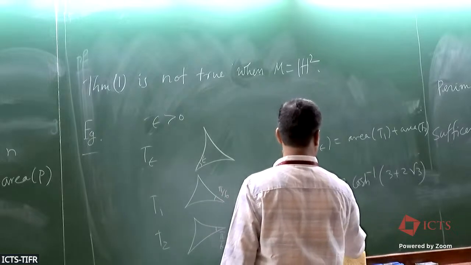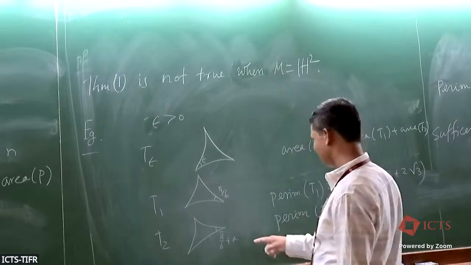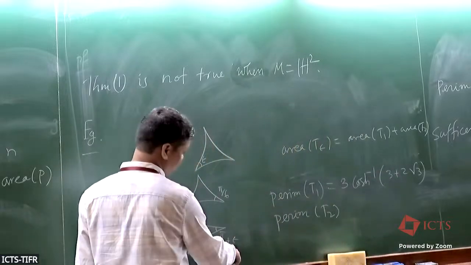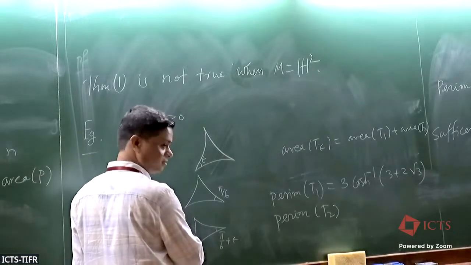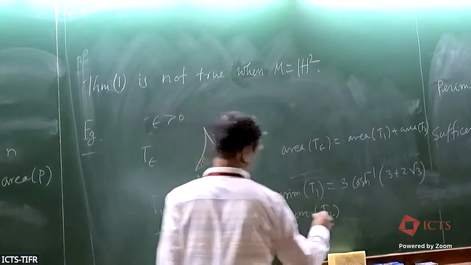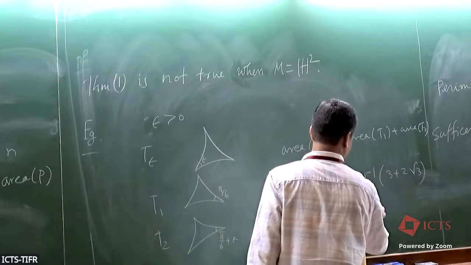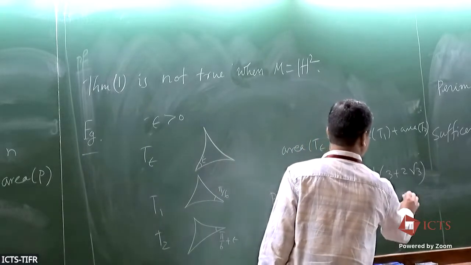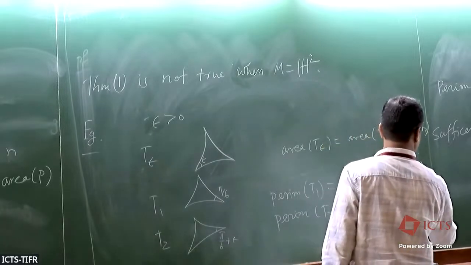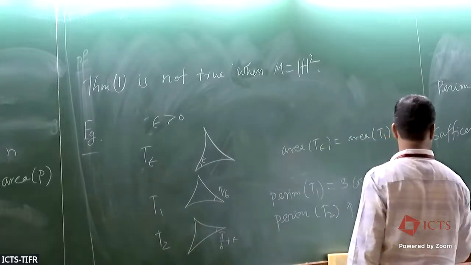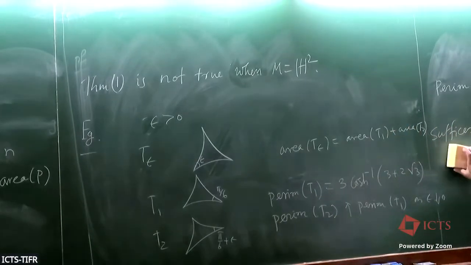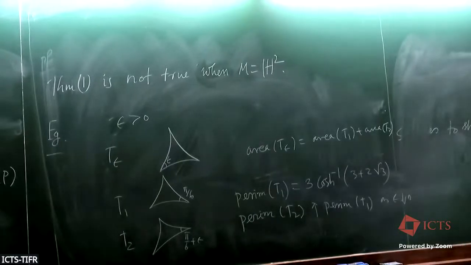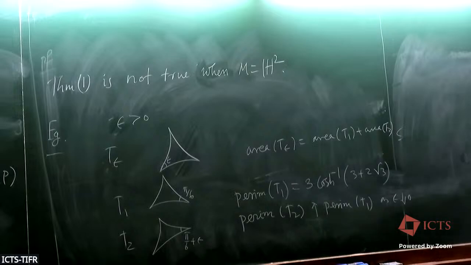And the perimeter of T2, when epsilon decreases to 0, increases to the perimeter of T1. Therefore, the perimeter of T1 plus the perimeter of T2 is bounded above by 6 times cos inverse of 3 plus 2 root 3.